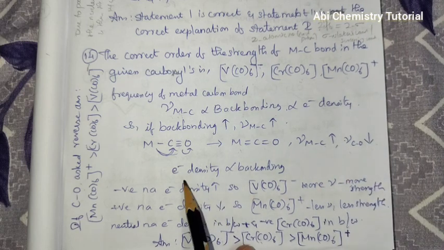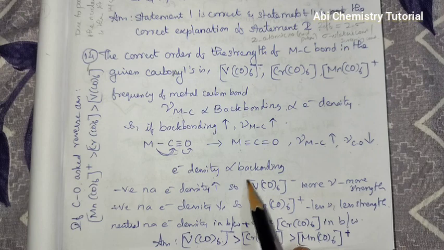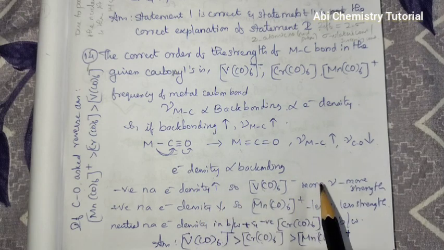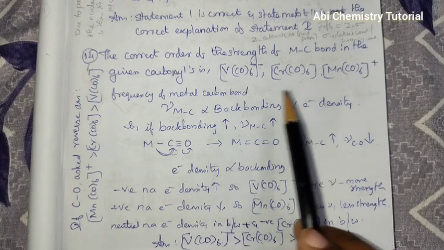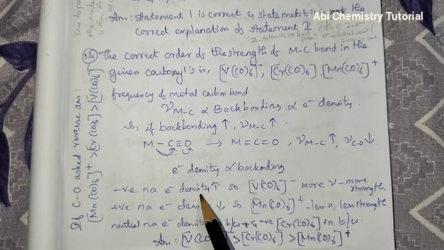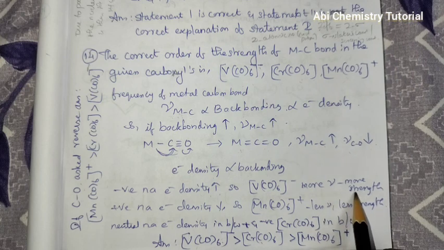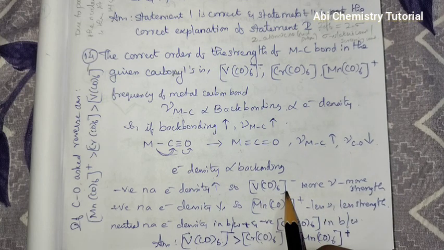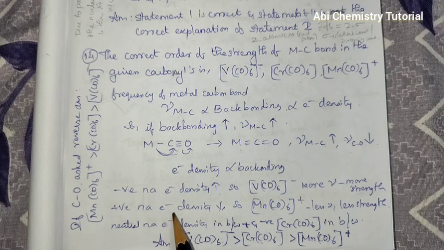Electron density is directly proportional to back bonding. If you are calculating using electron density, negative charge means the electron density is high. So if the electron density is high, the frequency is more and the strength is also more. So [V(CO)6]⁻, which has a negative charge, will have more metal-carbon strength, and the positive one will have less electron density. So in our case [Mn(CO)6]⁺ will have less strength.